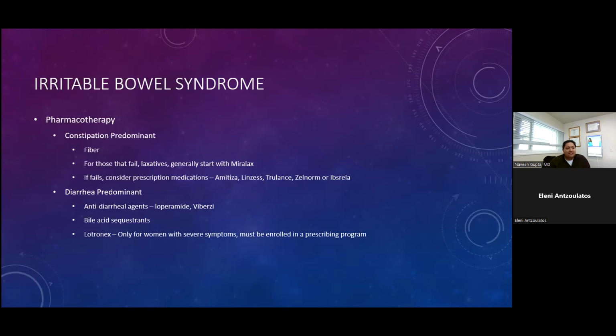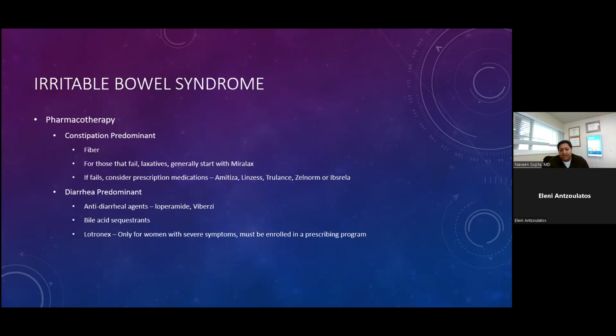Zelnorm and Ibsrela, which I've never prescribed, it's not very easy to get in the United States, but Zelnorm or its newer drug Motegrity work on the motor part of the gut, improving gut function through the serotonin pathway to improve the motility of the gut, moving the bowels quicker. Some combination of the above is generally what we utilize there.